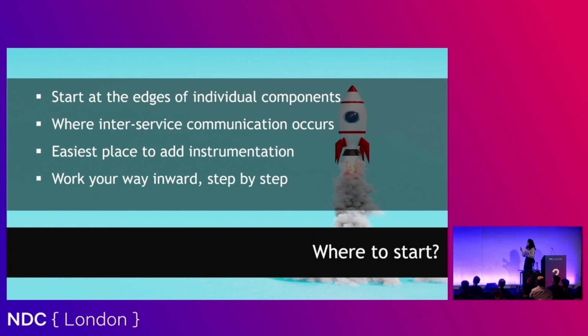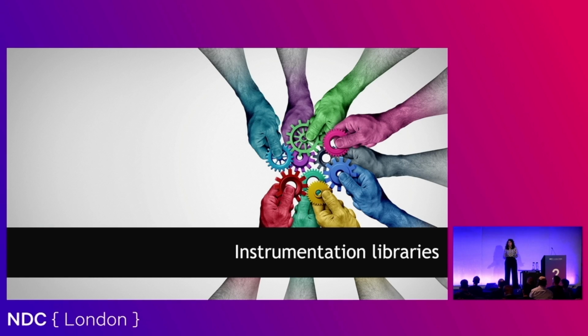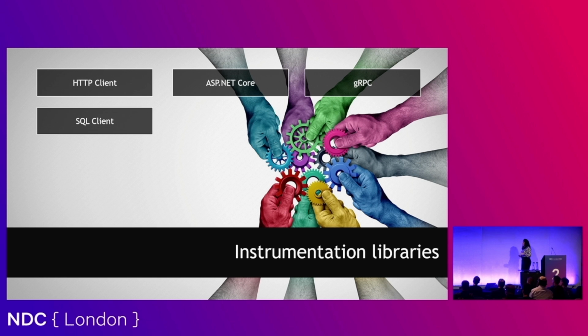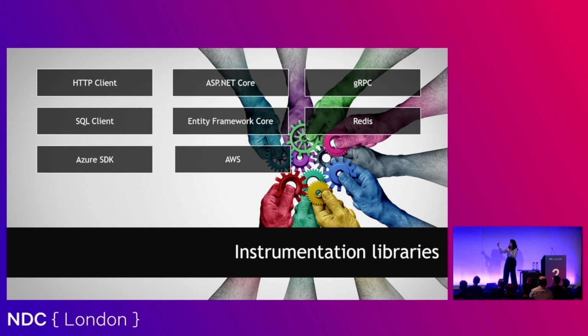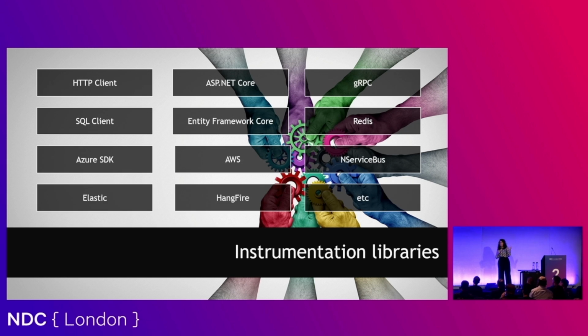And I'm saying that that's the easiest way to add instrumentation because the community has us really covered here with instrumentation libraries. Now, you will see a bunch of frameworks that are appearing on your screen, and if you look at them with the lens of that inter-service communication, we can already start closing a lot of gaps, right?